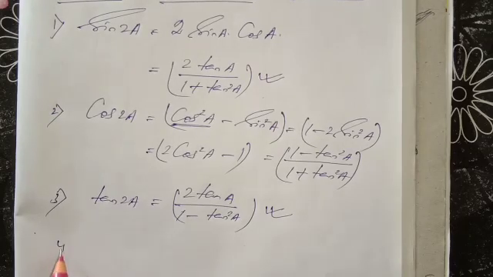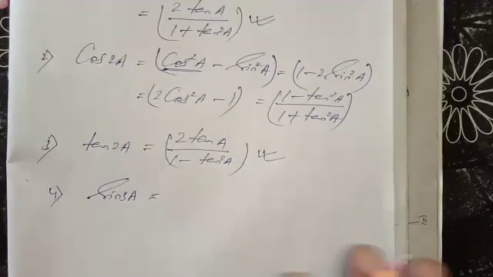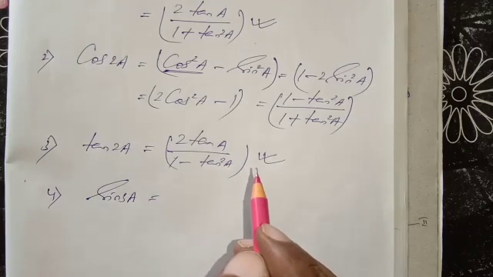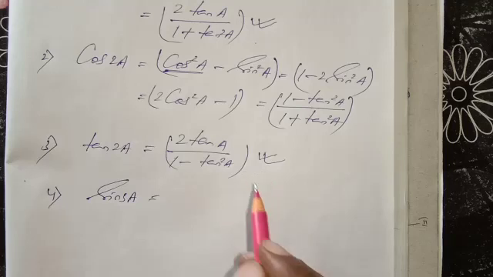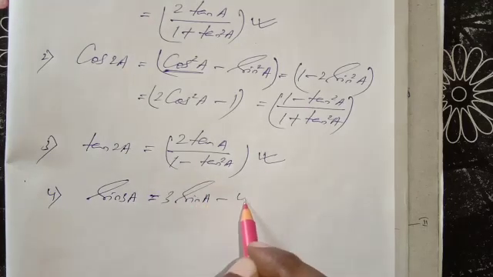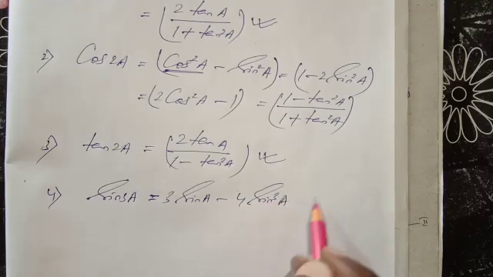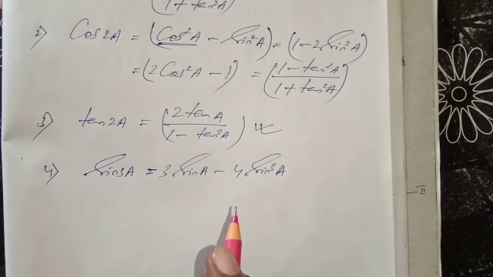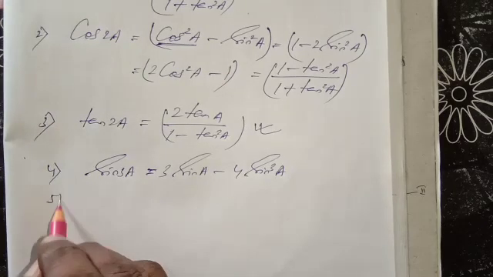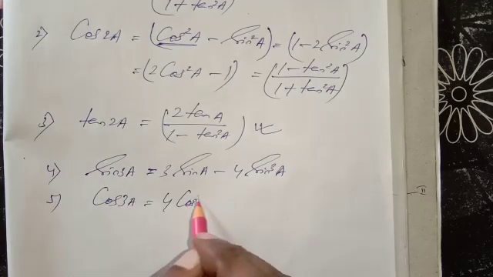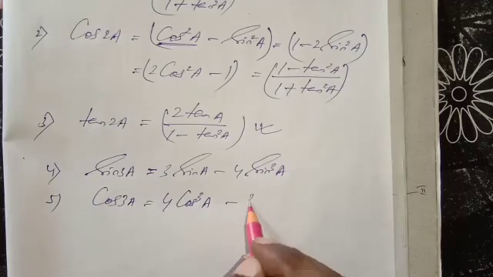Except this one, another is the sin 3a formula. Sin 3a formula is 3 sin a minus 4 sin cube a. Same process, the cos 3a formula is 4 cos cube a minus 3 cos a.